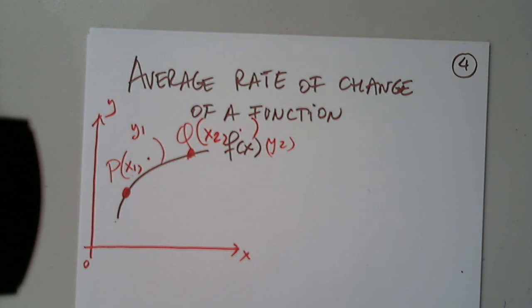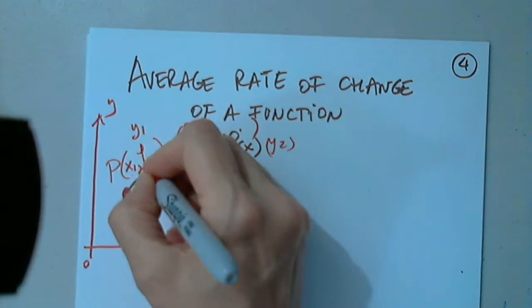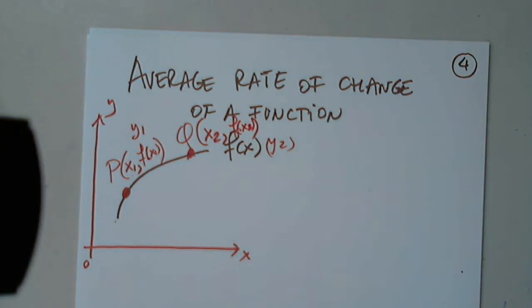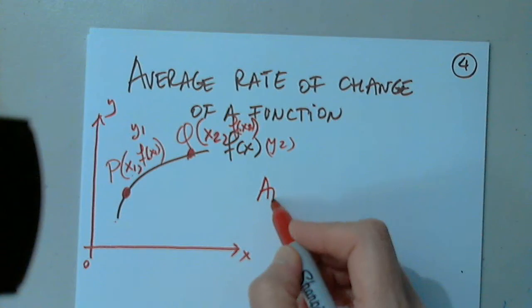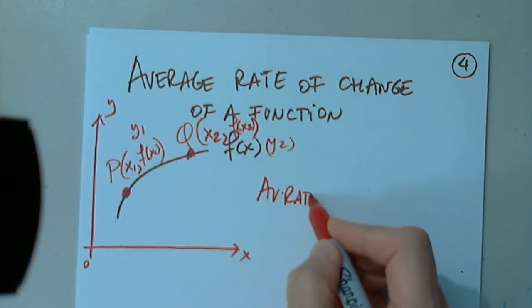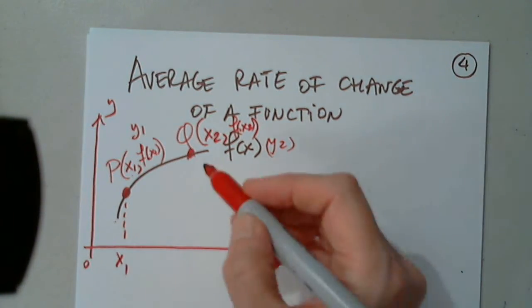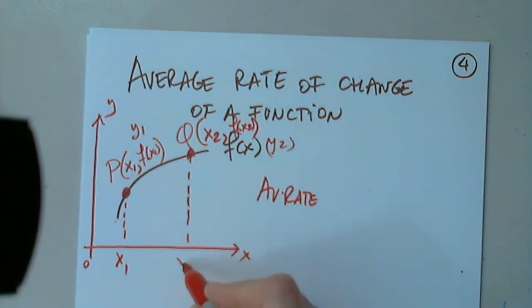I want the same thing here. Do you mean f of x? Very good. f of x1 and f of x2. Not of x, but of this specific value. Excellent.